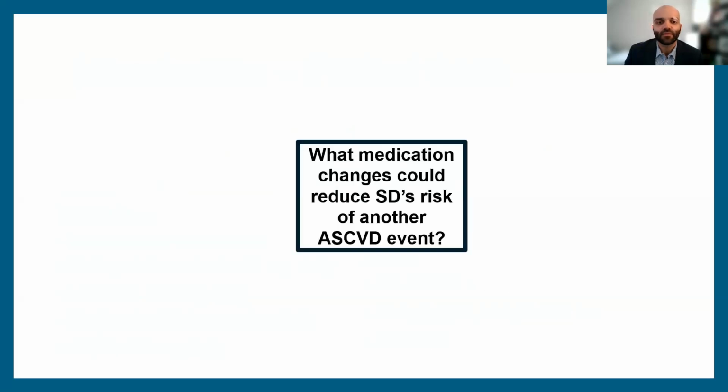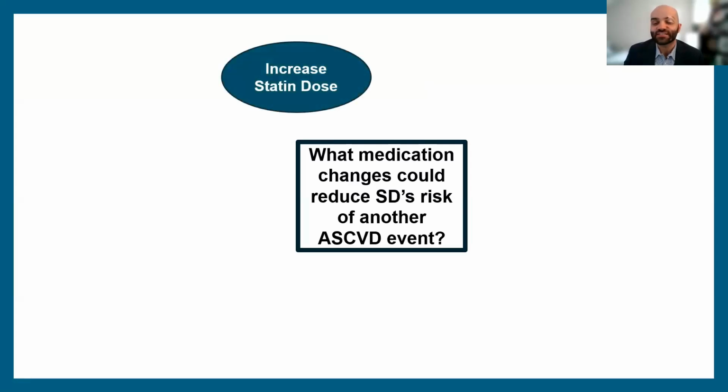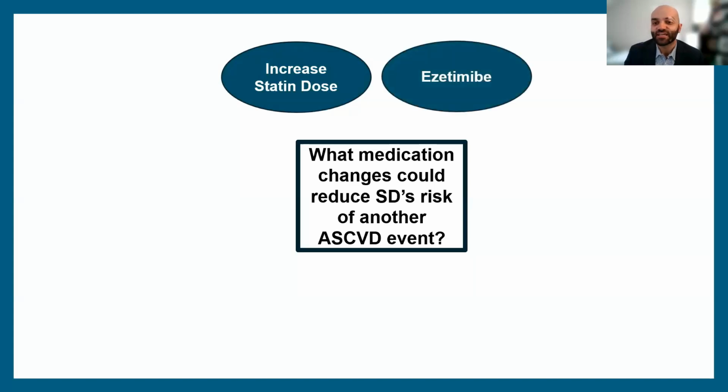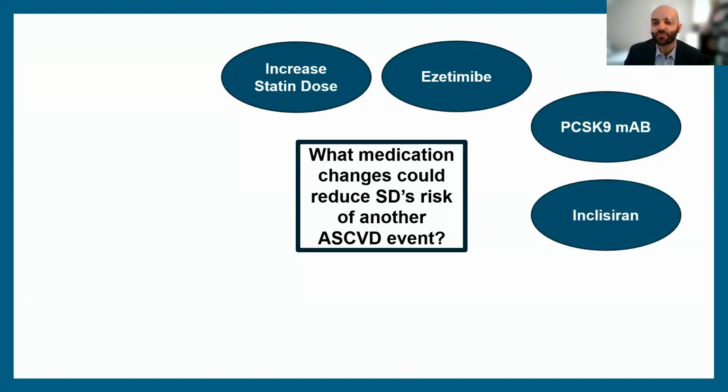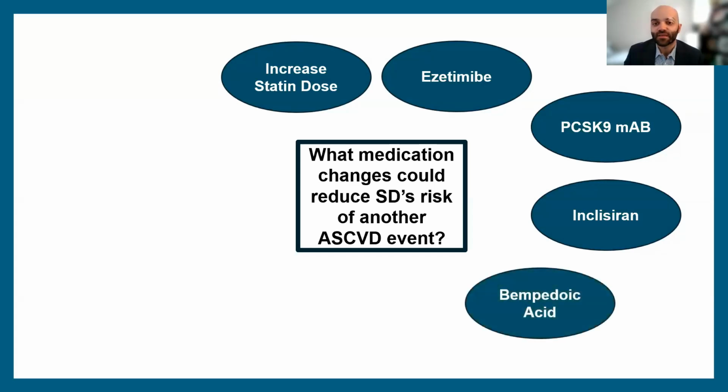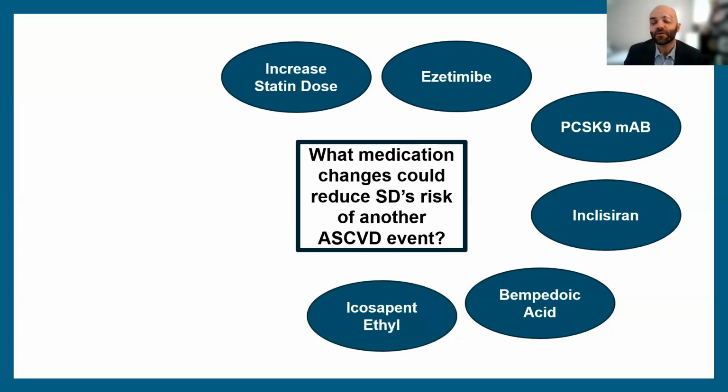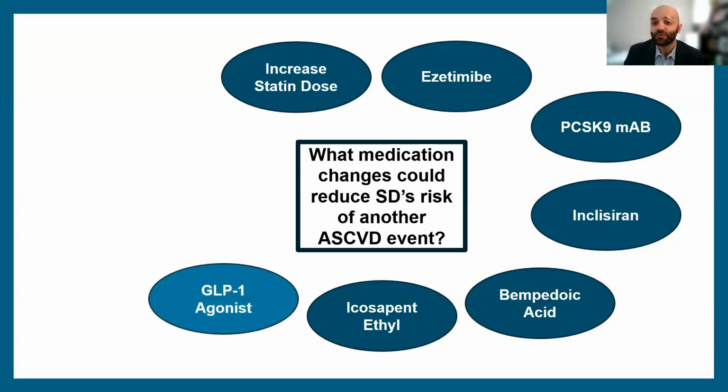Well, really, as we start to consider the world we're in today, there were probably some therapies that we're likely missing or the patient would have indications for. We could potentially increase the statin dose to reduce some of their cardiovascular risk. Consider an add-on therapy like ezetimibe, PCSK9 monoclonal antibody, some of our newer agents like inclisiran, maybe a bempedoic acid if we wanted an oral option, icosapent ethyl as we looked at the patient's lipid panel and specifically their triglycerides, a GLP-1 agonist, right?